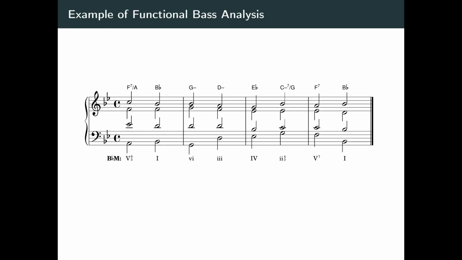Now that we have the correct Roman numeral analysis, we can proceed with adding functional base symbols. The first chord's root is 5, so its harmonic function is dominant. And since it's in first inversion, its base scale degree is different from the root. In the key of B flat, the base note A is scale degree 7.